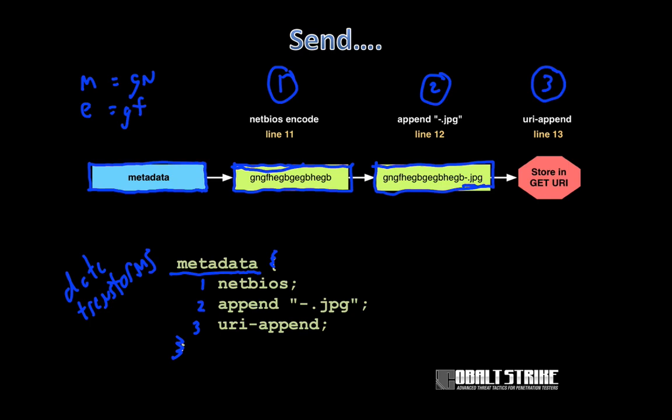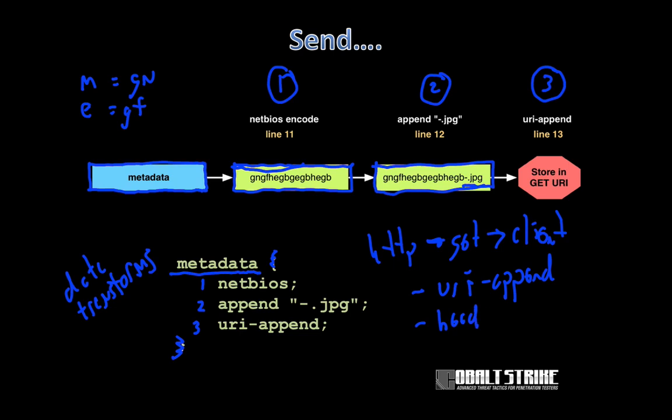Here in a HTTP GET client block, we have the option of doing URI append to stick the resulting thing onto the end of the URL. We also have the option to stick the resulting thing into a header or a parameter. And if we're doing an HTTP post to send our data back, we have the option of using print as a terminating statement as well.